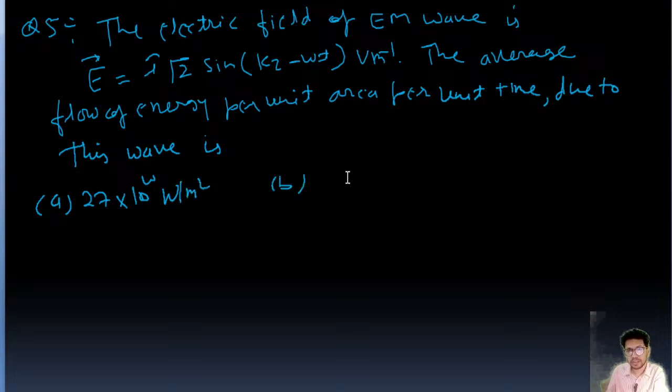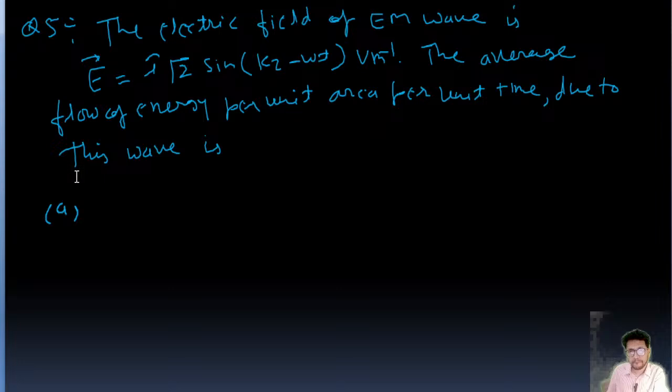Option B is 27 into 10 to the power minus 4. The options were given wrong, guys, so let me write again.